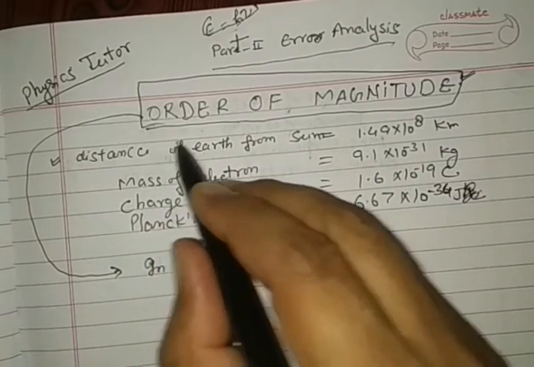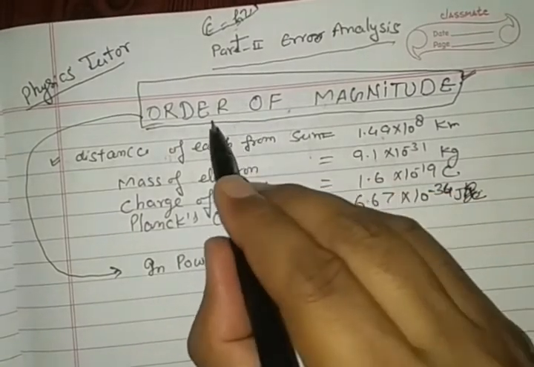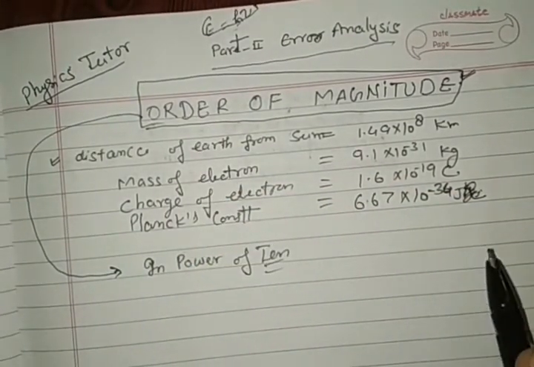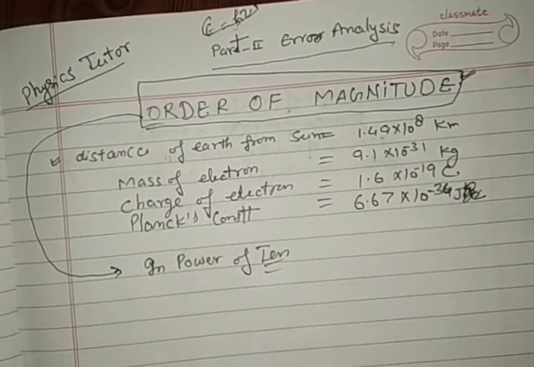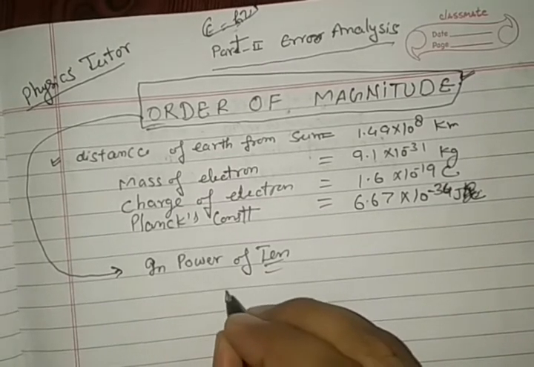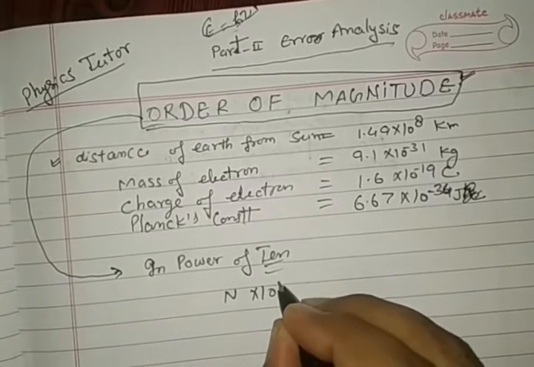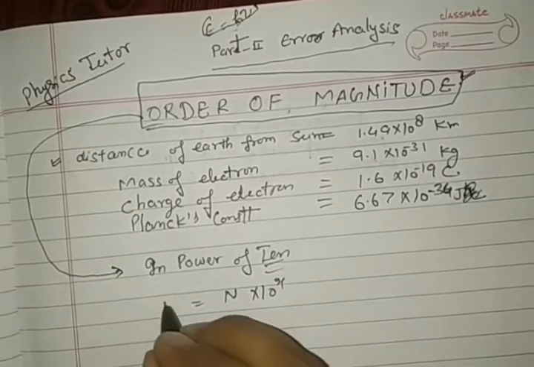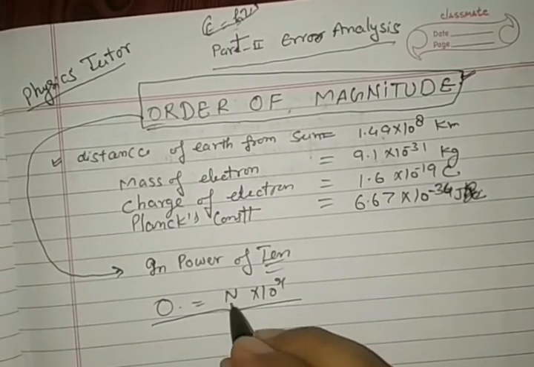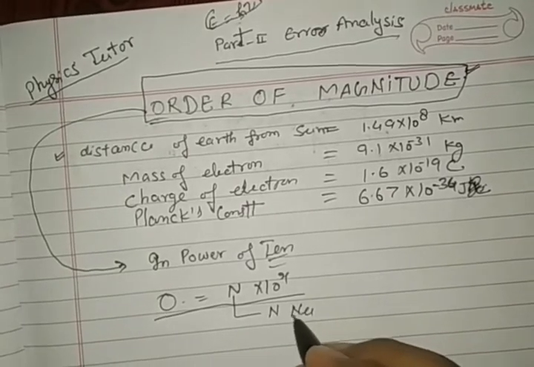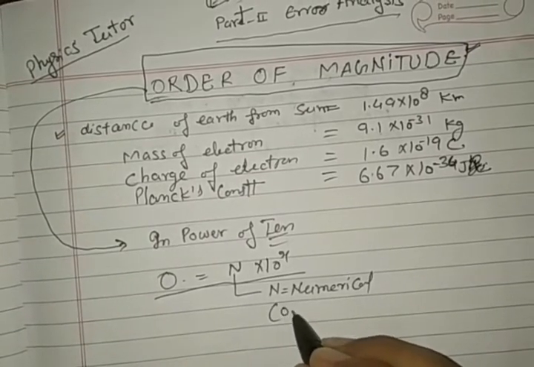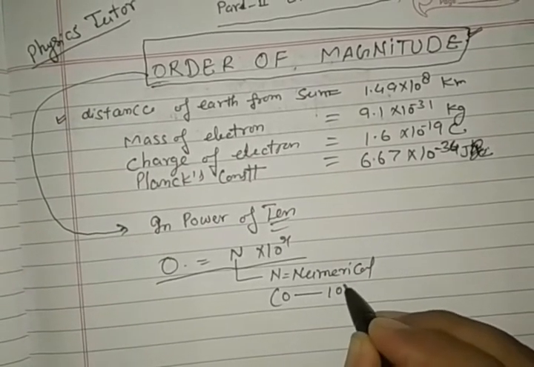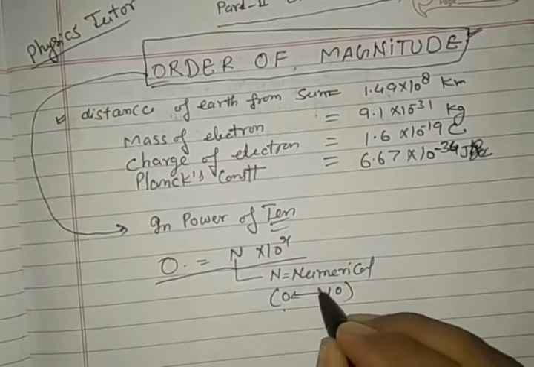in order of magnitude. There is a rule to note a given physical quantity in order of magnitude. The observation is required to be written in this form: N is equal to n into 10 to the power x, where n is a numerical value that lies between 0 and 10.